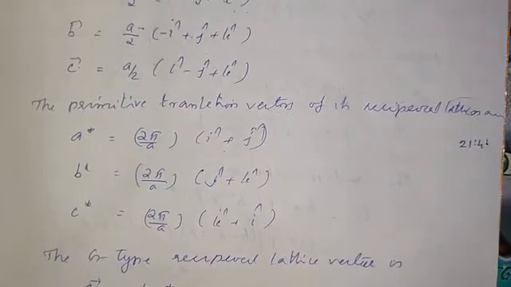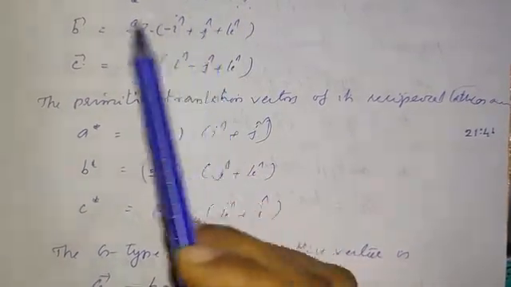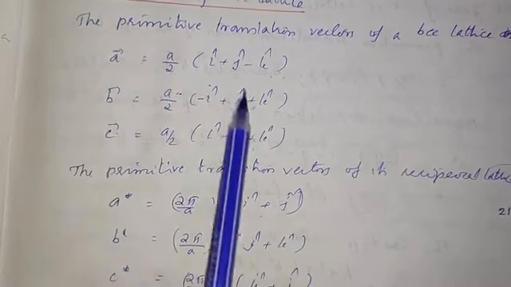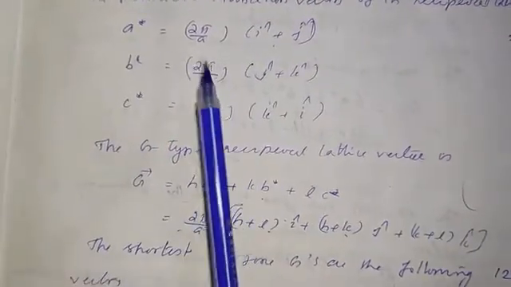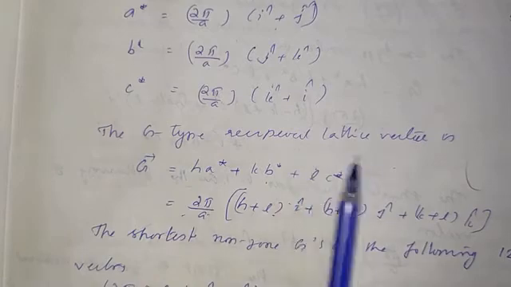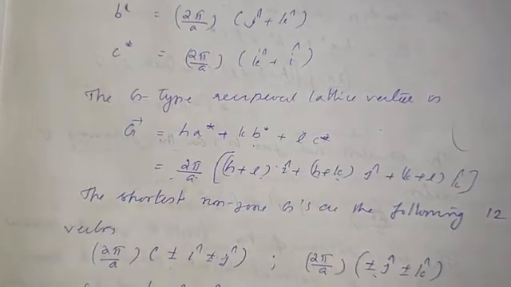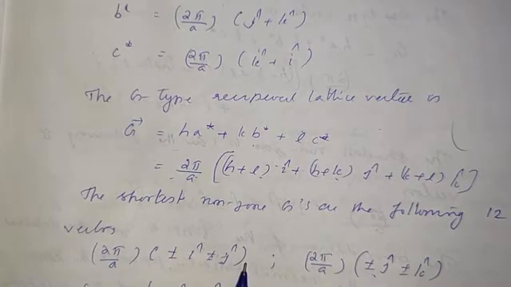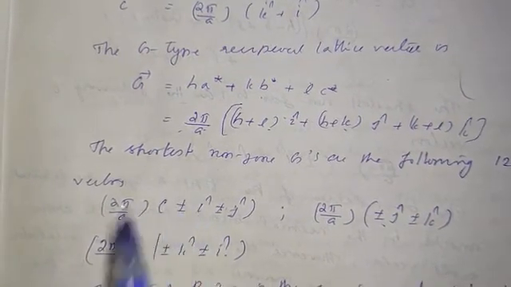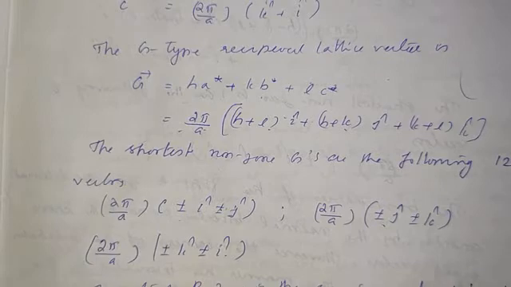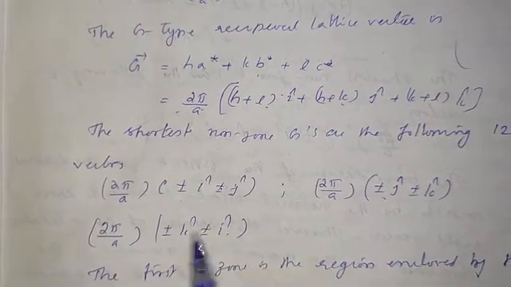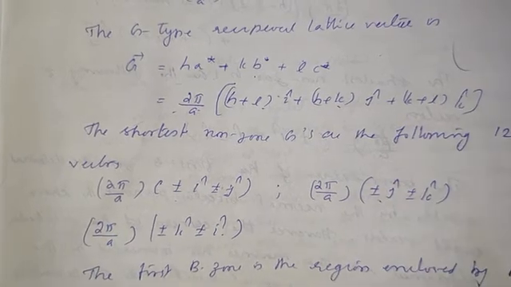So I will summarize what we have done. We have written the primitive translation vectors for BCC lattice and the reciprocal vectors corresponding to this BCC, and we will write down the G vector in a reciprocal lattice, and from this we will find out the possible shortest G vectors, and the intersection of these 12 vectors will give you the first Brillouin zone, which, since we have 12 vectors or 12 lines, will have 12 faces.